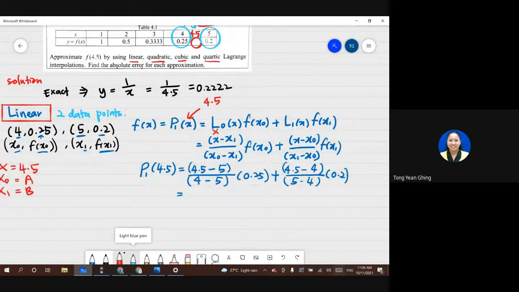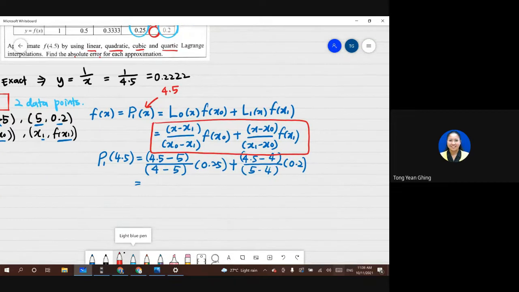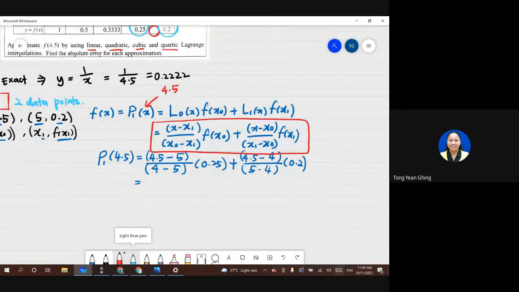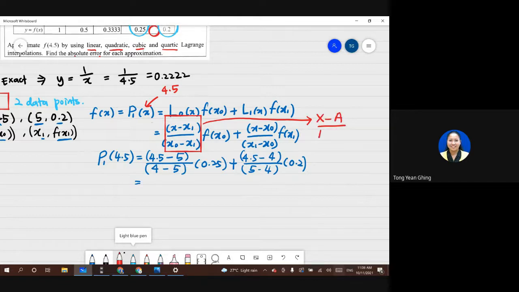This is x. Sorry, I drew this one. This one you can put in the calculator like this, because now it's easier. But when you have a lot of this n, that will be longer. So you put x minus a divided by, sorry, not a, b, minus b, and then this is a minus b.